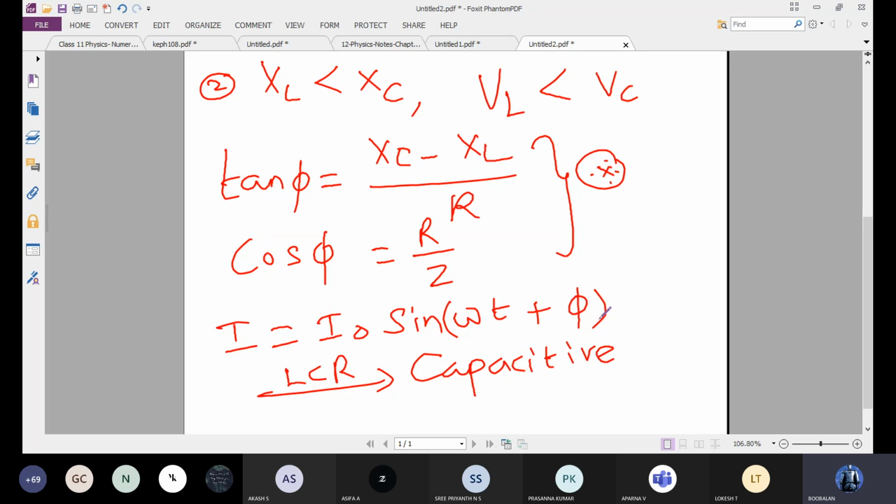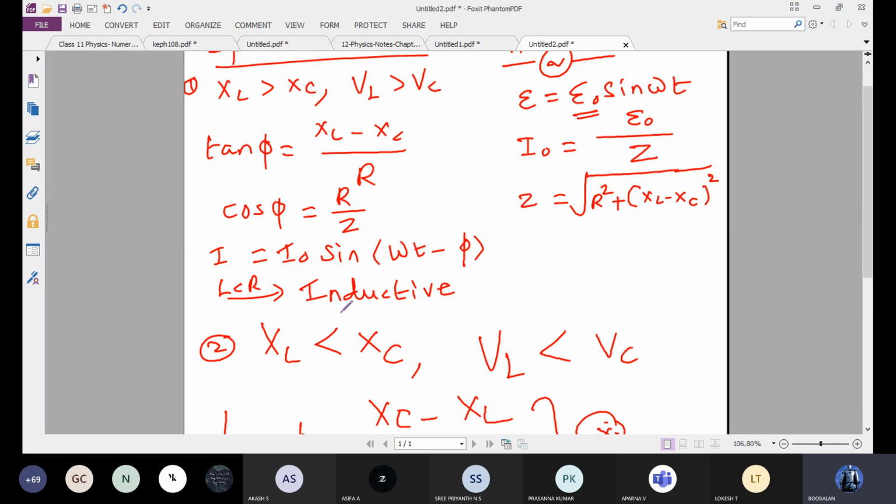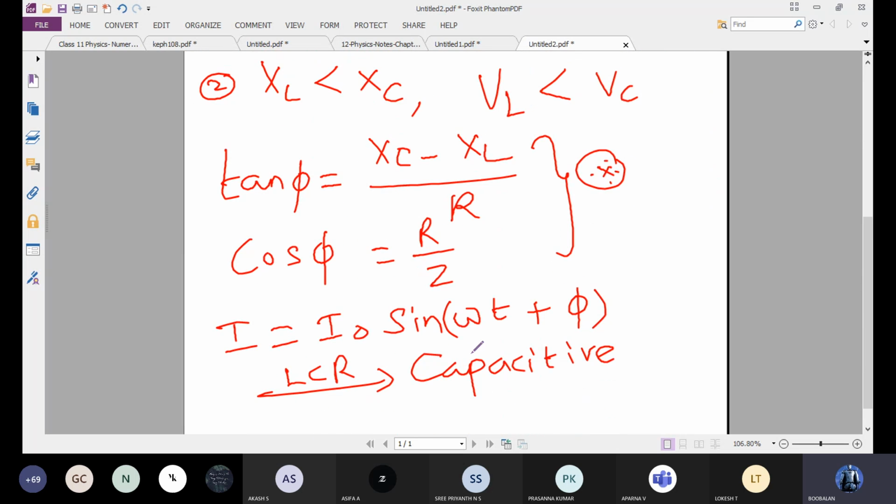So minus phi means it is inductive, plus phi means it is capacitive. And one more condition, the third condition, we will discuss. Please note down.